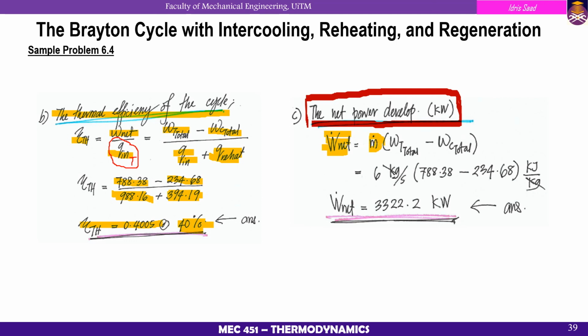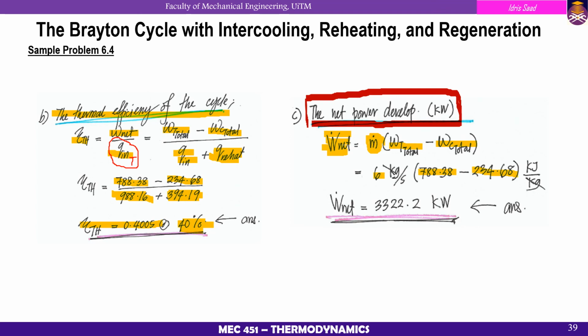Work net is equal to the total turbine work minus the total compressor work. So we can substitute the values here. The mass flow rate of the cycle is given as 6 kilogram per second, the total turbine work is 788.38, and the work consumed by the compressor is 234.68.